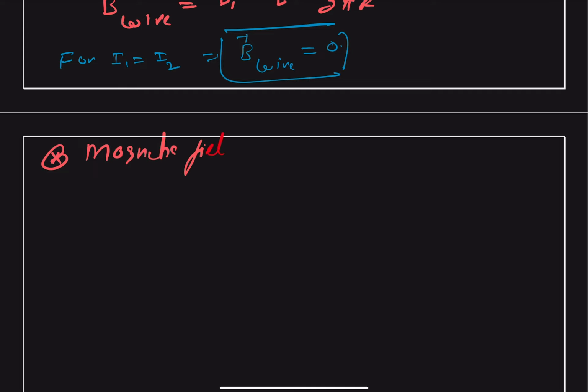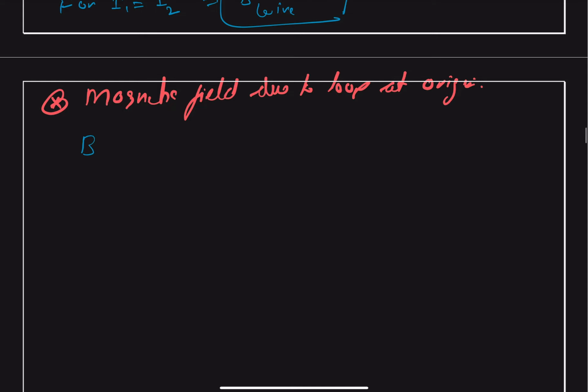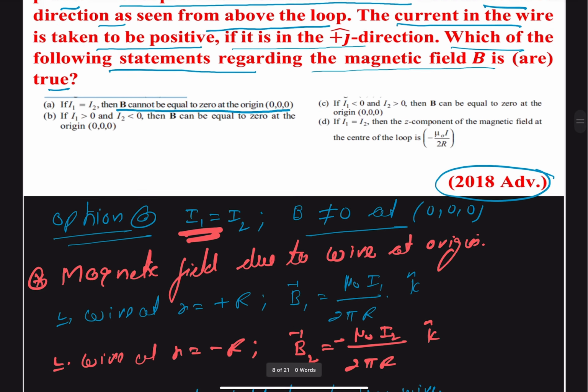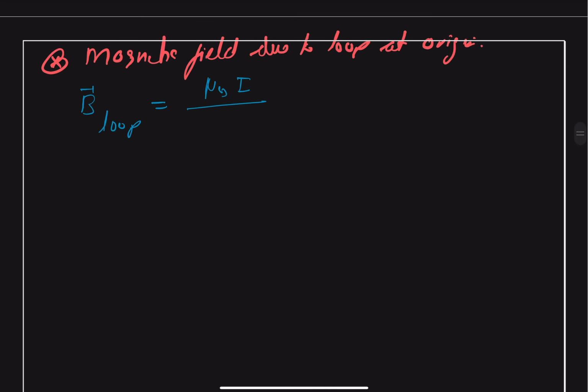We can write this equation as magnetic field because of the loop will be equal to mu naught I upon 16r, where the distance is given as square root of 3 times r, and this is a k unit vector, and this is a negative sign.